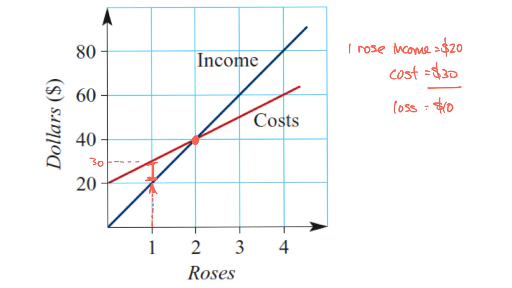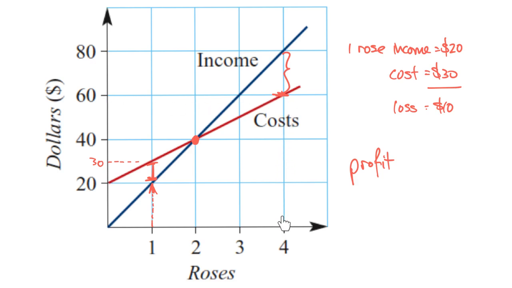At 4 roses, I can go up along here and I'm looking for the distance between the 2. In this case, I can see my income is higher than my costs. So I'm going to make a profit, because if I'm earning more money than my costs, I'm going to make a profit, and the profit is this distance here. For 4 roses, my costs are $60.